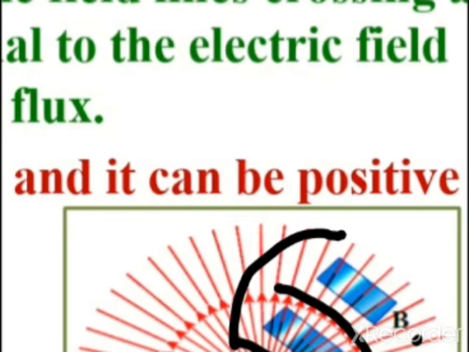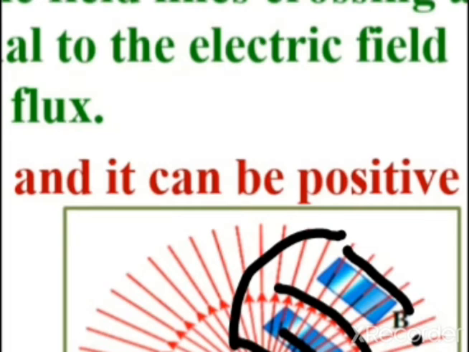The electric field strength for a point charge decreases as the distance increases. That is, the electric flux decreases as the distance increases.